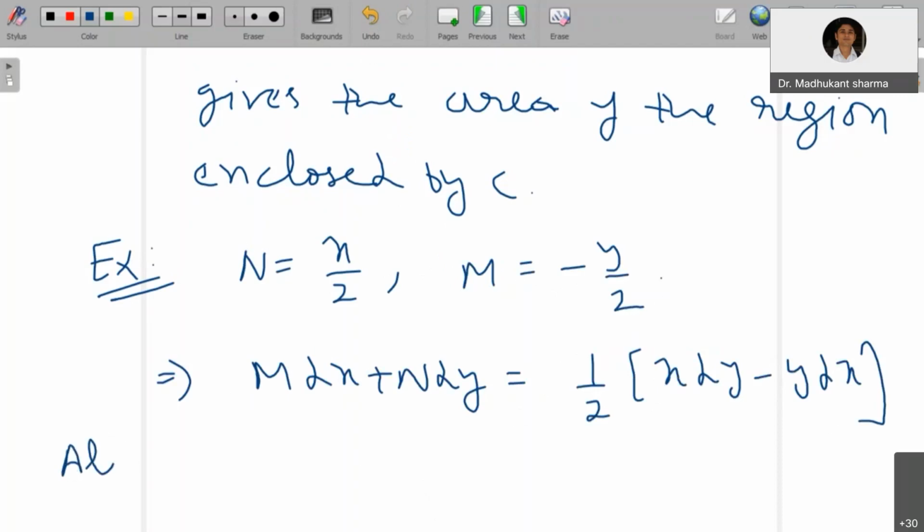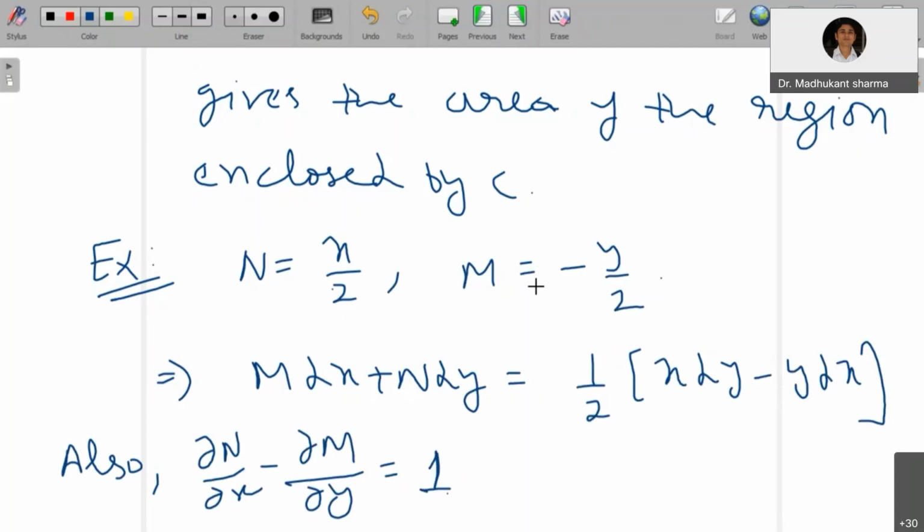Also, dou n by dou x minus dou m by dou y is equal to 1 by 2 minus minus 1 by 2, that is 1 by 2 plus 1 by 2, that is 1.